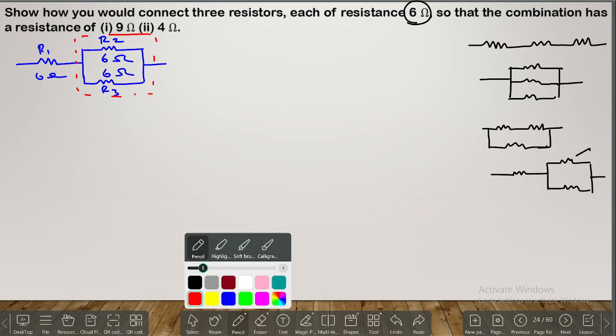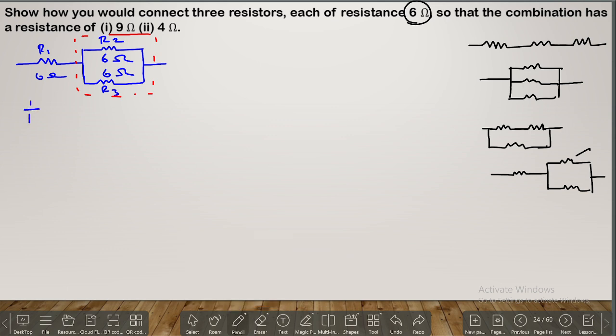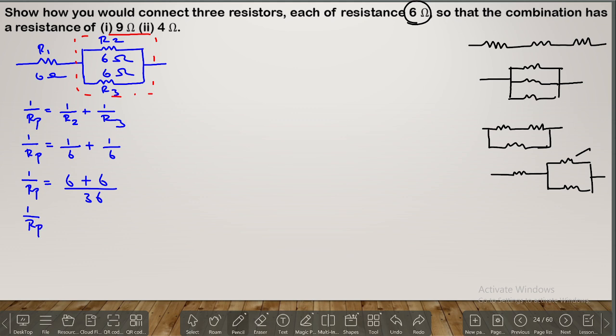What is the parallel combination formula? 1 by Rp is equal to 1 by R2 plus 1 by R3. 1 by Rp is equal to 1 by 6 plus 1 by 6. Do the cross multiplication, 6 plus 6 by 36. So 1 by Rp is equal to 12 by 36. Therefore Rp is equal to 36 by 12.